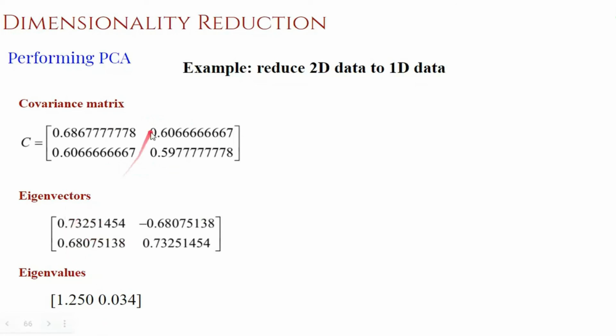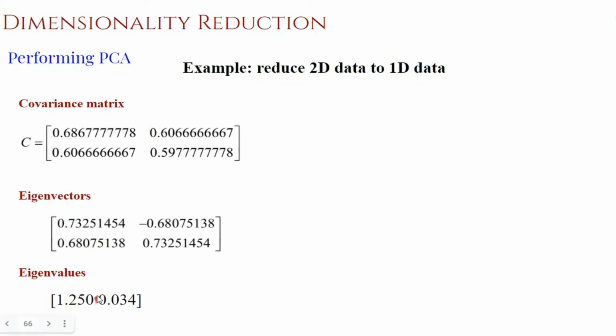So let us assume from this covariance matrix, we estimate the eigenvalues and eigenvectors. We already looked at the intuition behind what eigenvalues and eigenvectors mean. Let's say we have two eigenvalues. Eigenvalues are nothing but the magnitude of a vector. So here we have two magnitudes.